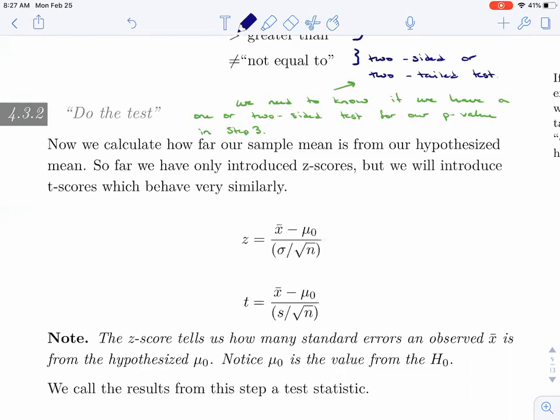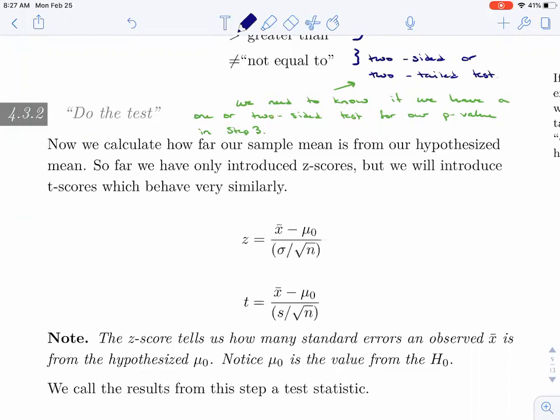Later on, we're going to calculate t-scores instead. If you do a compare and contrast here, you'll notice that the only difference between t and z is here you've got sigma and here you've got s. Remember, s is your sample standard deviation. Sigma is your population standard deviation.